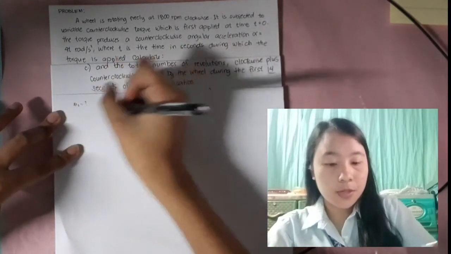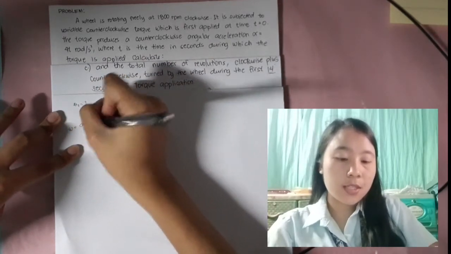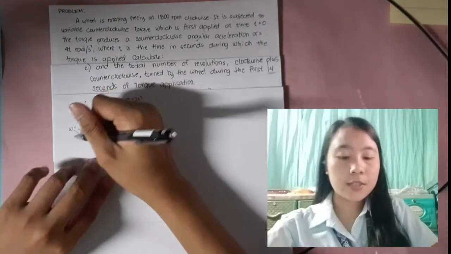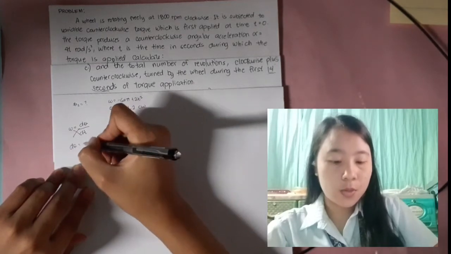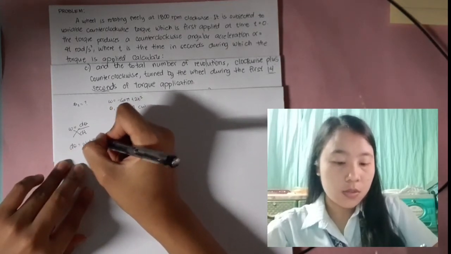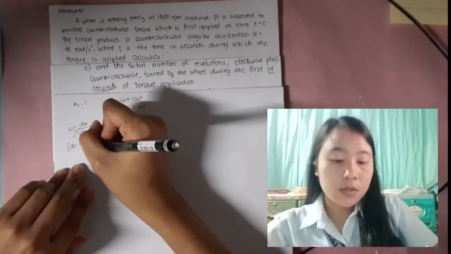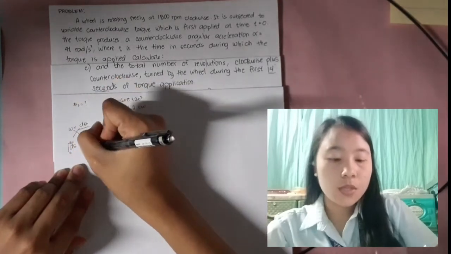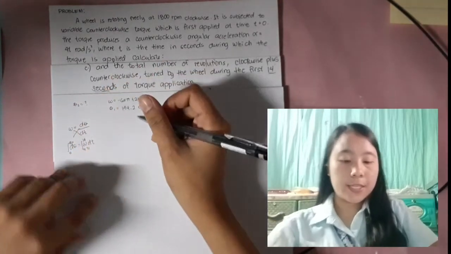We have the formula omega is equal to change in theta over dt. Cross multiplying, we get d theta, and we integrate to get the value of theta 2, with limits from 9.71 to 14.